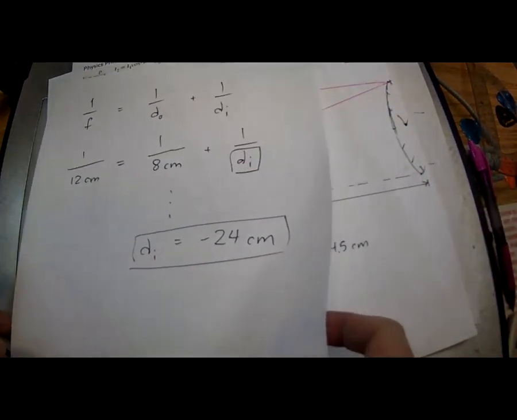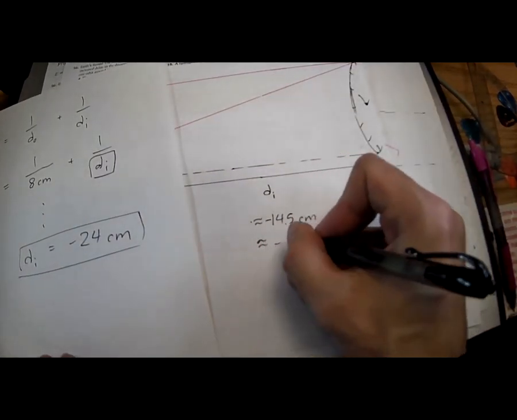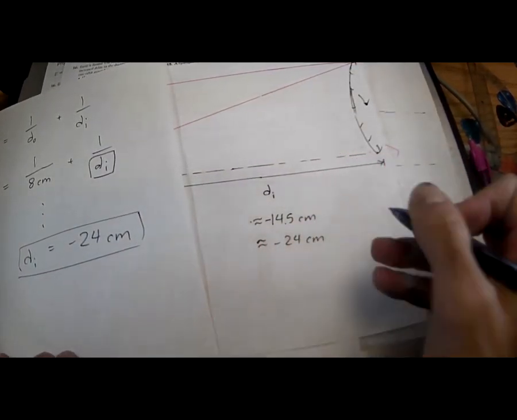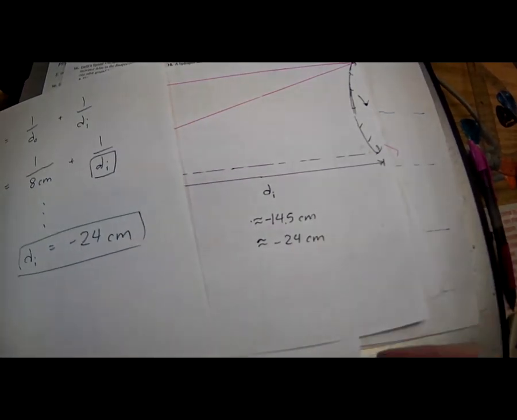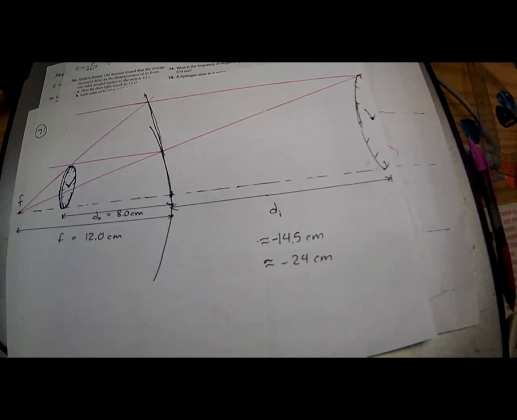So the math says it should have been negative 24 centimeters. Okay, right order of magnitude, I guess. That's the least accurate ray diagram we've gotten so far, but that's all right.